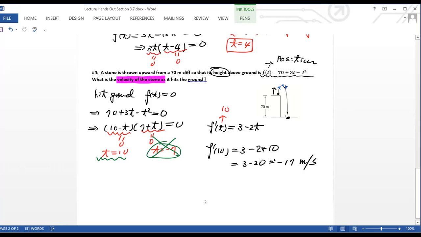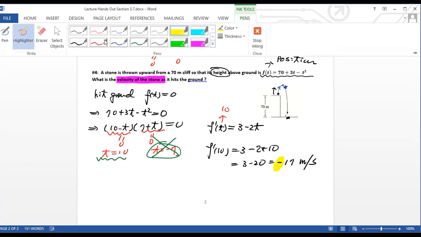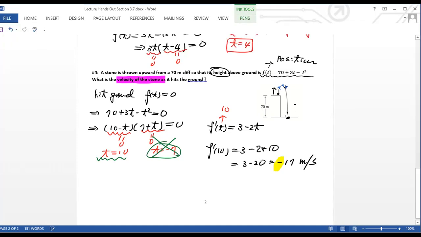The reason why this is negative, we have a different interpretation, right? We can treat this like an axis. So when the particle goes up, the velocity is positive.